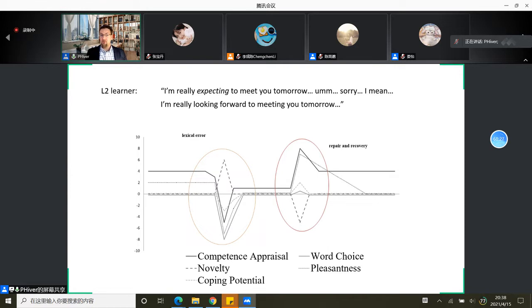You can see that during the lexical error, the competence appraisal went down, and at the per second level, it then quickly recovered and went back up. This unique aspect of the ideodynamic method allows us to look at the ratings on a second-by-second scale for this task in a very systematic manner.